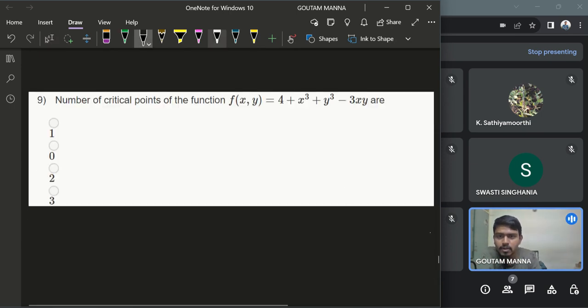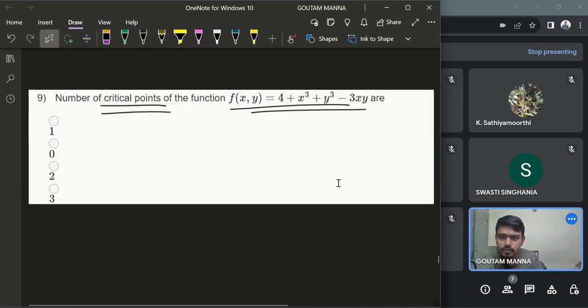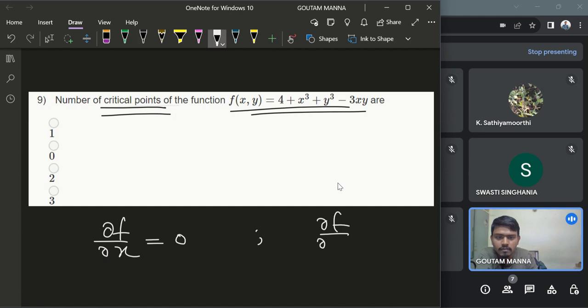Now in the next problem, we're asked to find the number of critical points of this function f of xy, which is 4 plus x cube plus y cube minus 3xy. So for critical points, del f del x will be 0 and del f del y will be 0.